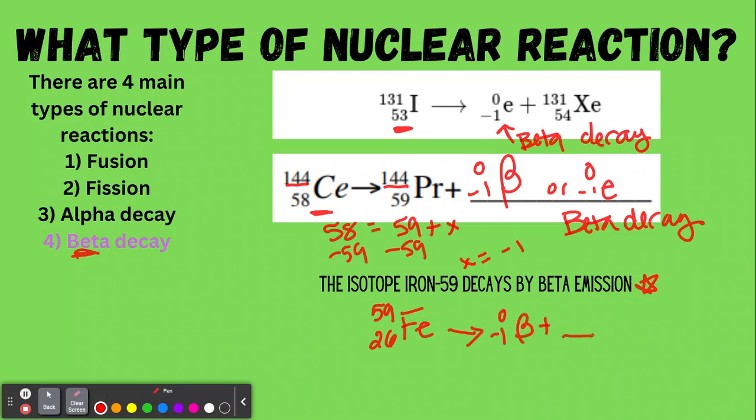And then I've got to figure out what's missing. So if I have 59 equals 0 plus X, this is going to be 59. And this is 26 equals -1 plus X. So remember, I have to add 1 to each side. So this is going to be a 27. And when I find that on the periodic table, I see that that is cobalt. Okay, so that is how you complete a beta decay reaction in words.